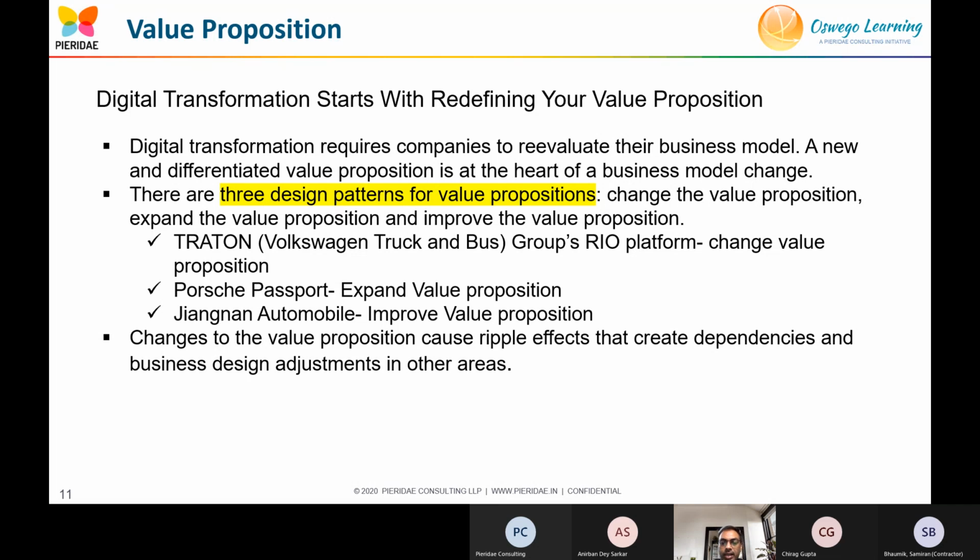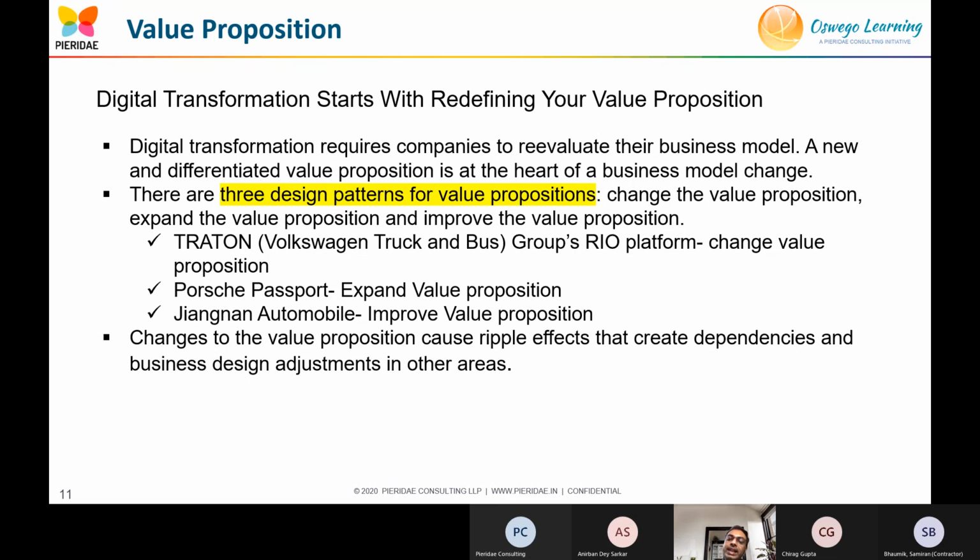Any manufacturer's vehicle can join, and they will integrate with most of the manufacturing organizations and give real-time information, including vehicle breakdowns. So this is a change in value proposition. You have an existing core business, but you are changing from a core manufacturer to a platform business. You are changing your value proposition.